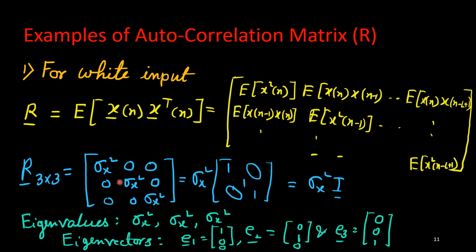The diagonals are all sigma x square, and the off-diagonals are zeros. Again, all eigenvalues are the same, sigma x square, and the eigenvectors are the standard basis vectors [1 0 0], [0 1 0], [0 0 1].